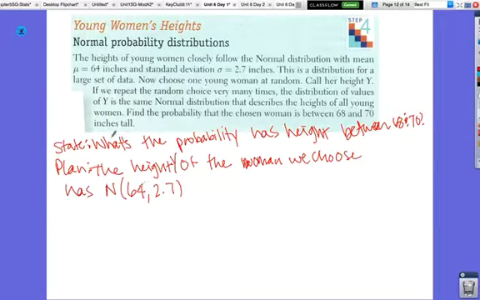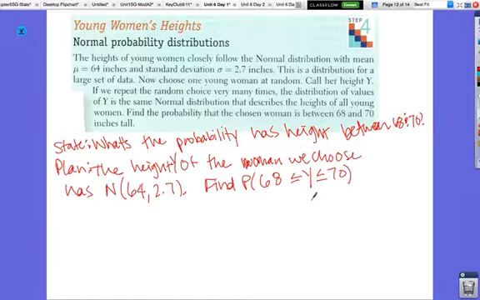So remember, the first one represents the mean, the second one represents the standard deviation. So we want to find the probability that our y is between 68 and 70.